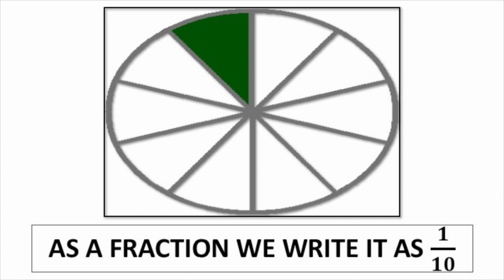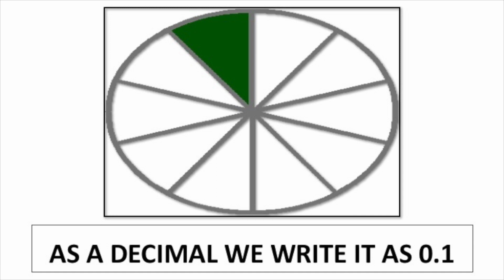And then, to work out the decimal equivalent, as a decimal, we write it as 0.1. Okay? So understand the relationship. Let's go back one. 1/10 as a fraction, but then as a decimal, 0.1. So notice how the point and the 1 come after the 0 until it's a whole.